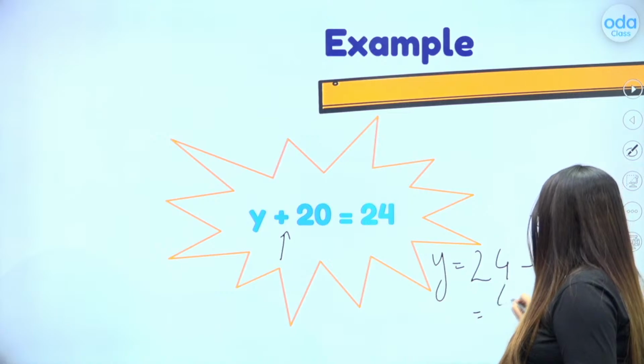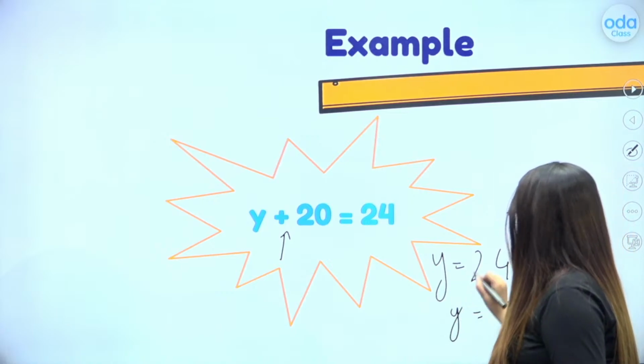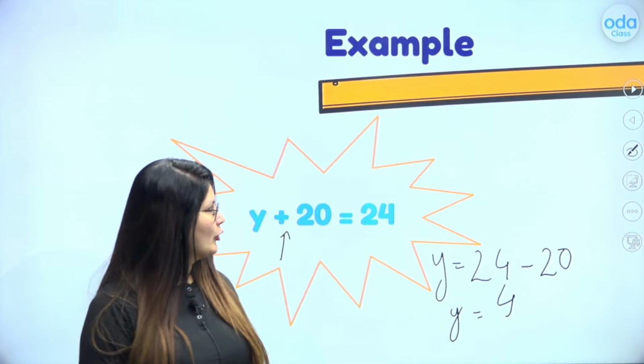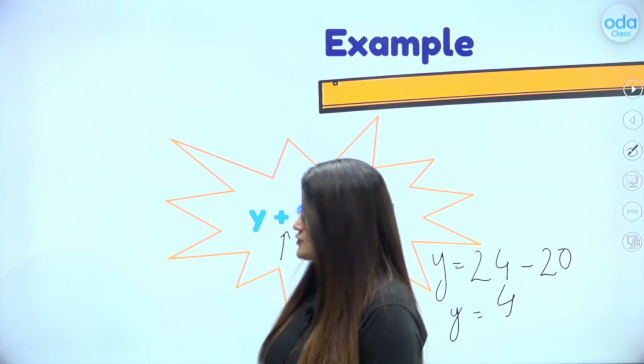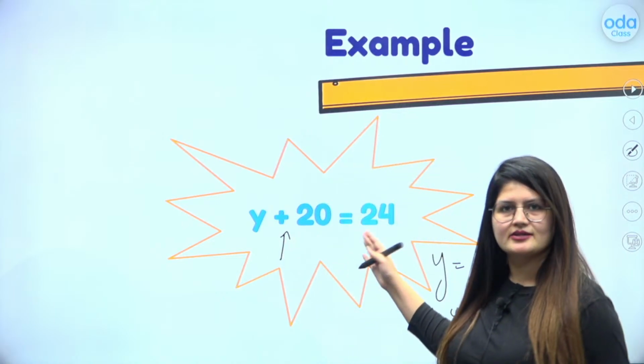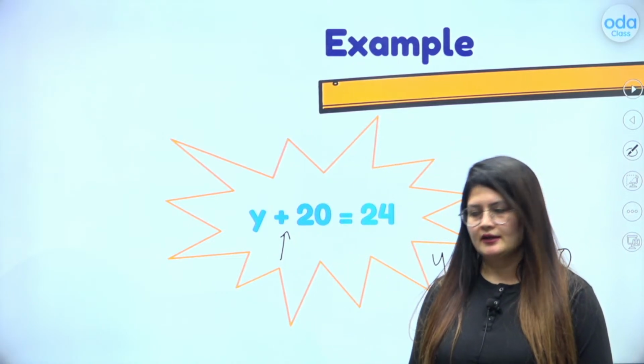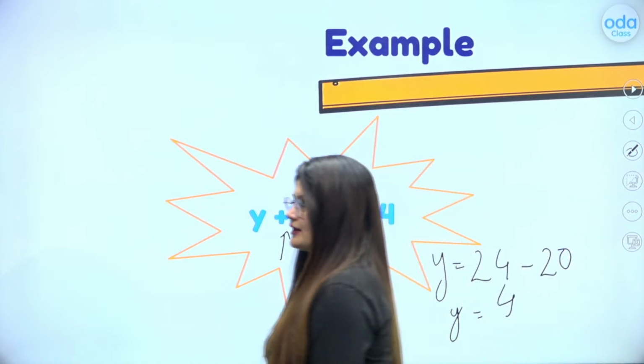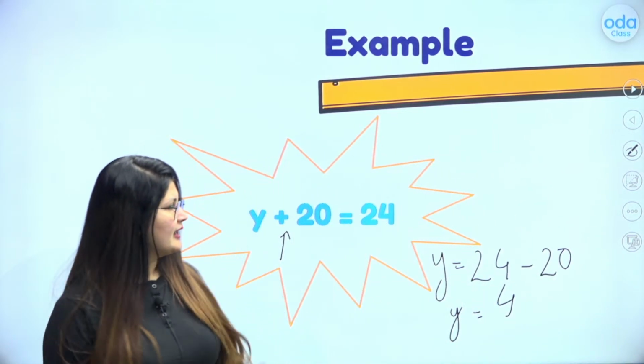We are getting the value of y as 4. Clear? Because if we do 4 plus 20, that is equal to 24. Correct?